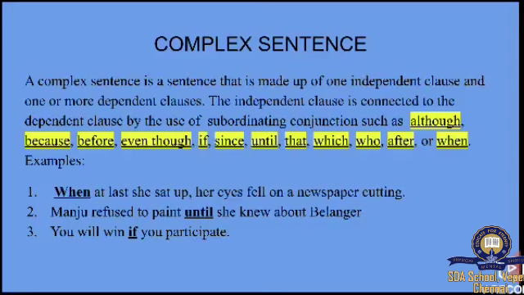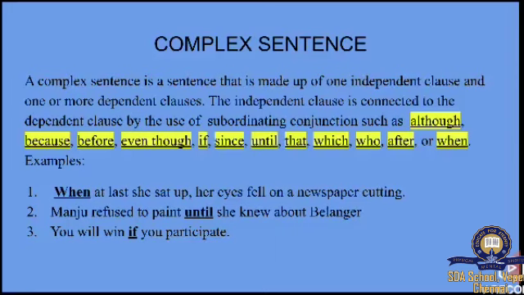So how are they connected? The independent clause is connected to the dependent clause by the use of subordinating conjunctions such as although, because, before, even though, if, since, until, that, which, who, after, or when.